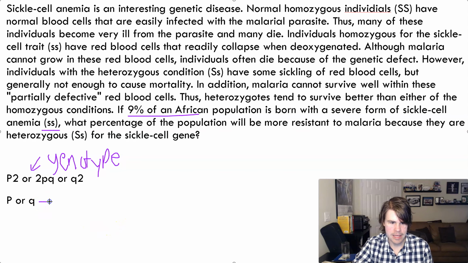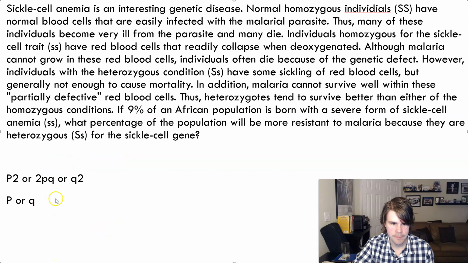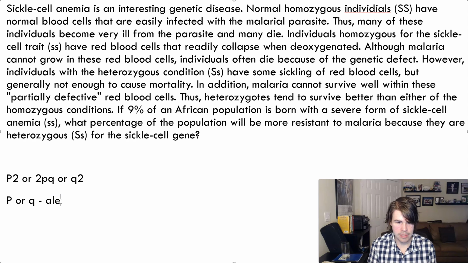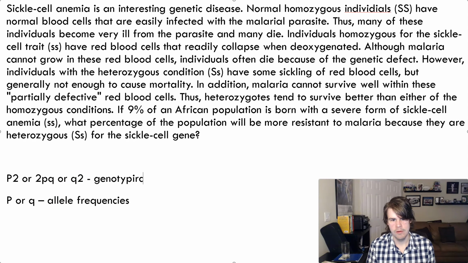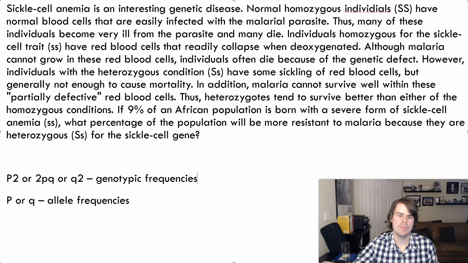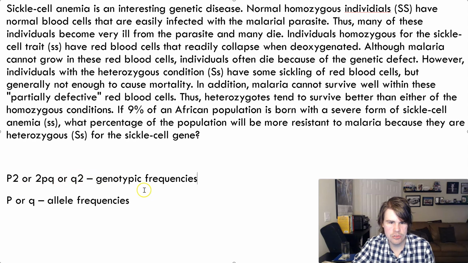Genotypes. And these are allele frequencies. You need to understand this. And these are genotypic frequencies. So what did they give us? Well, they gave us Q squared.